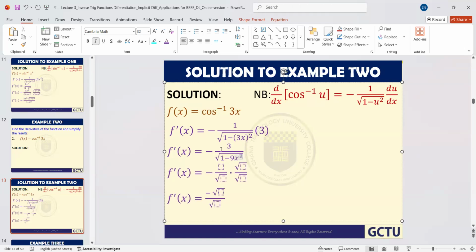Now remember, we are supposed to simplify. So this is what I have now. It means that I must take this denominator and multiply the numerator and the denominator by what I have. The numerator here is 3. The denominator down here is the square root of 1 minus 9x squared.